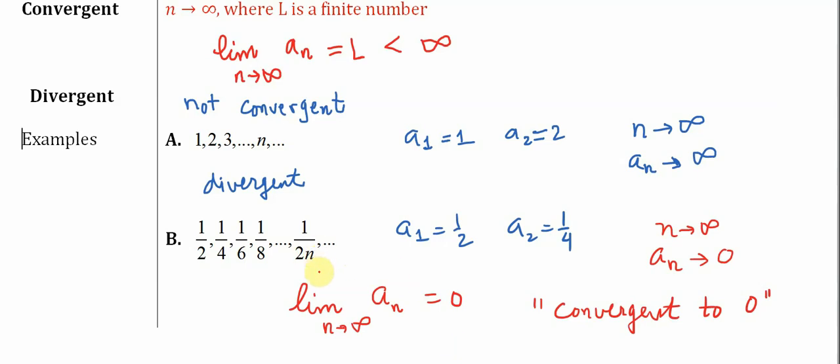No matter how big the denominator gets, the fraction is still a positive number, a little bit above 0. But we can still say that it's convergent because the numbers in the sequence are getting smaller and smaller and closer and closer to 0.